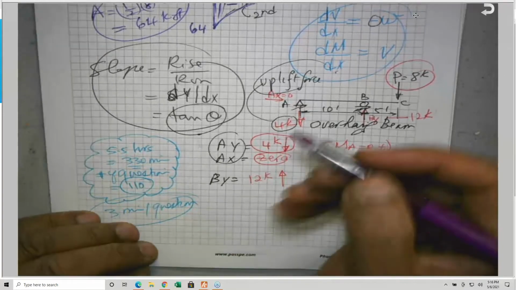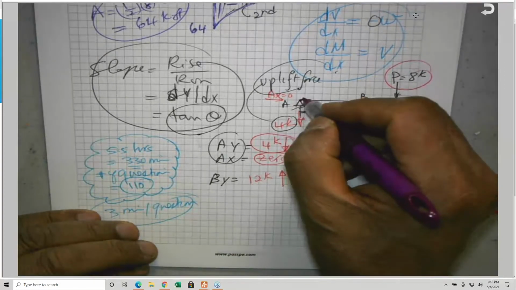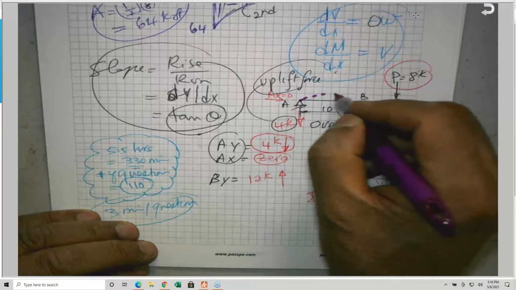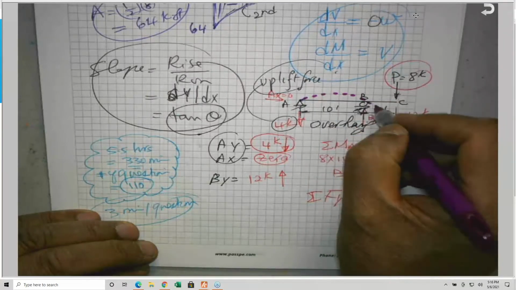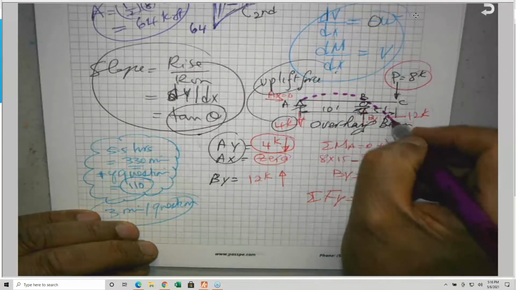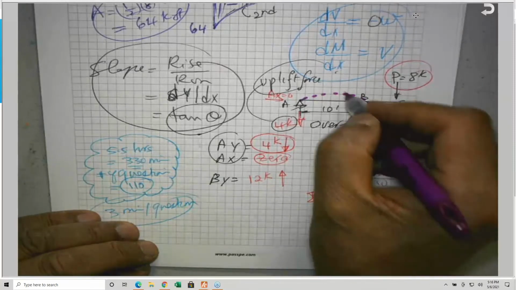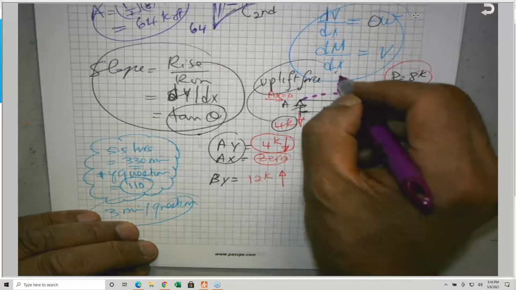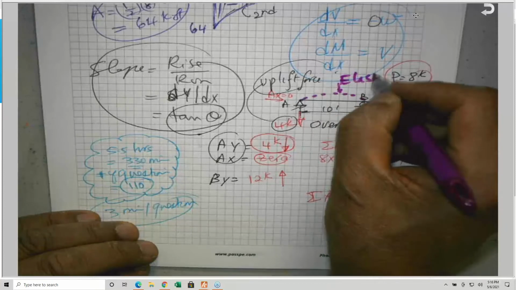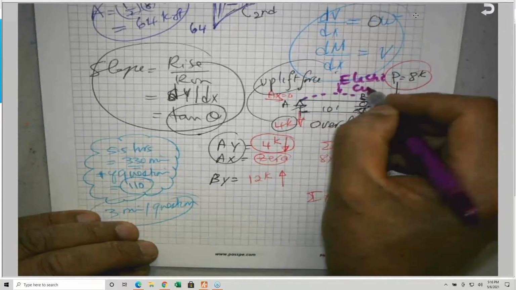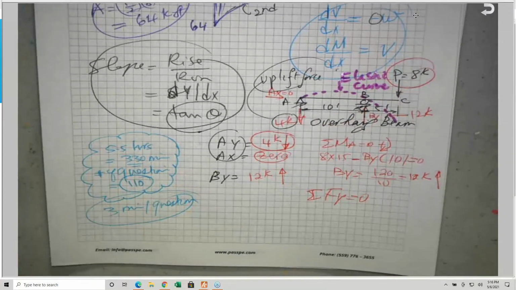The elastic curve is going to be like this. In mechanics this is called the elastic curve, which is the deflected shape of the beam. And we need to know this.